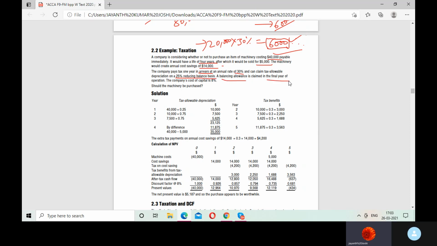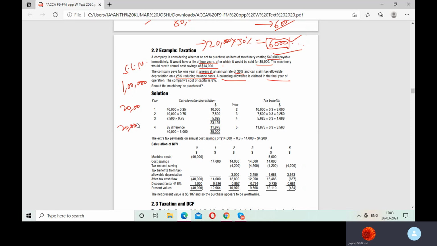Balancing allowance is claimed in the final year. That means you will be selling this particular asset at some price, correct? The depreciations you are calculating should match with the final amount. For example, if my asset is of 1 lakh and I am doing straight line method depreciation, every year it is 20,000.